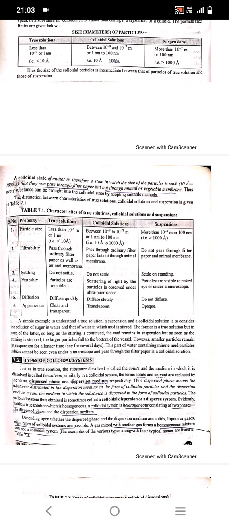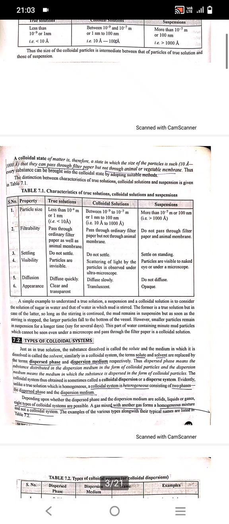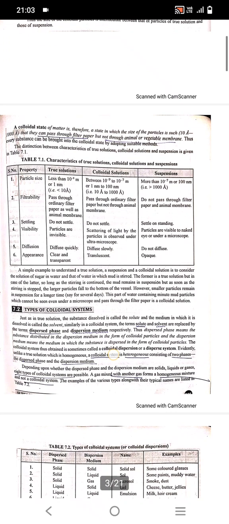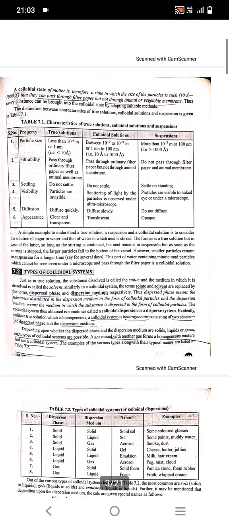Suspension: size more than 10 raised to the power minus 7 meter or 100 nanometer; does not pass through filter paper and animal membrane; settles on standing; particles are visible to the naked eye or under a microscope; does not diffuse; opaque.